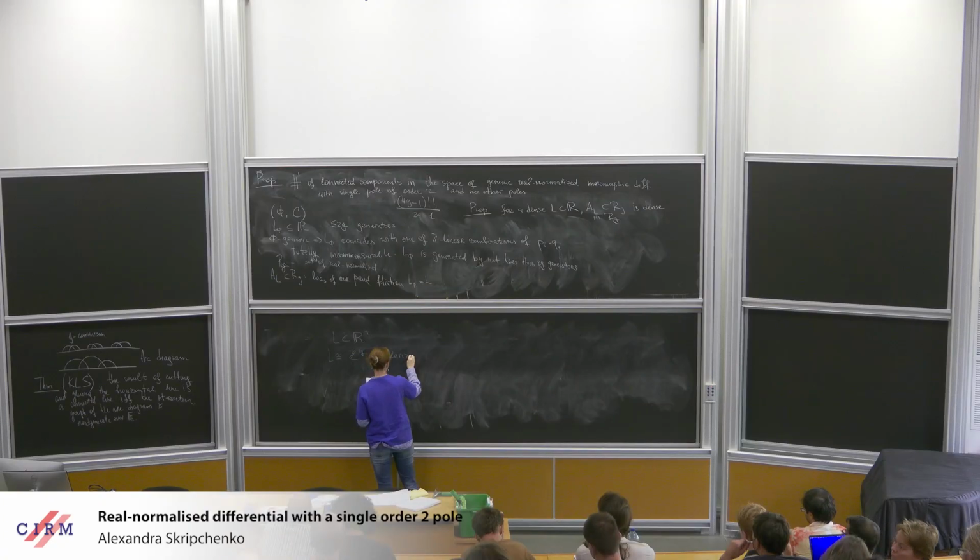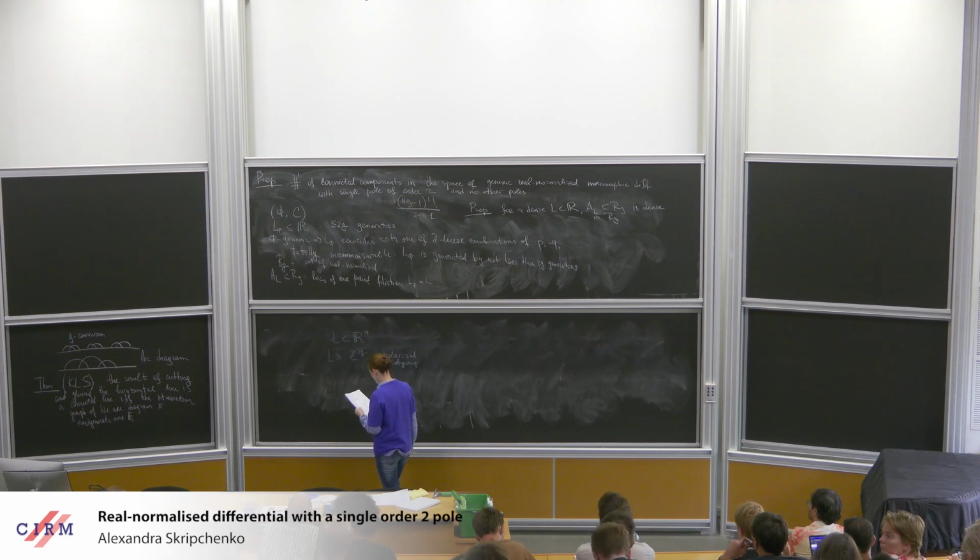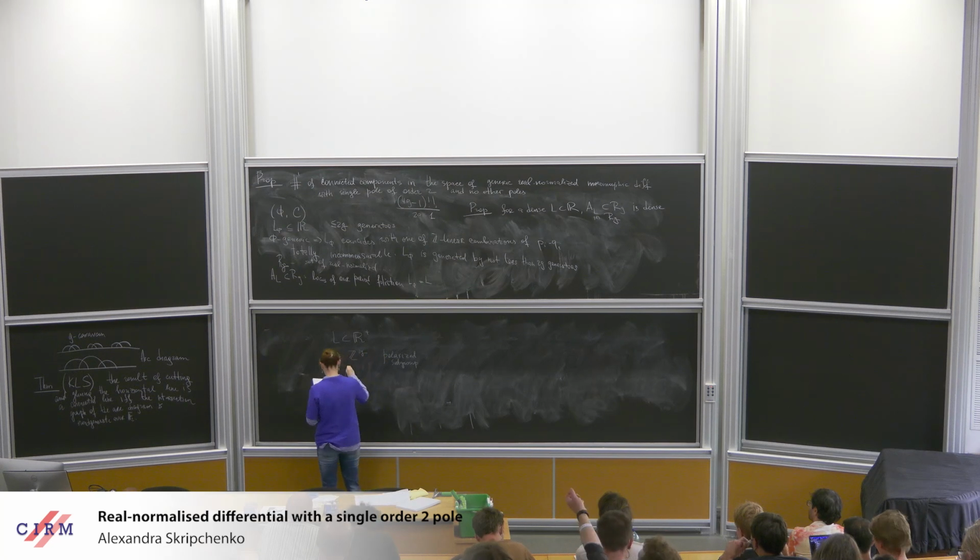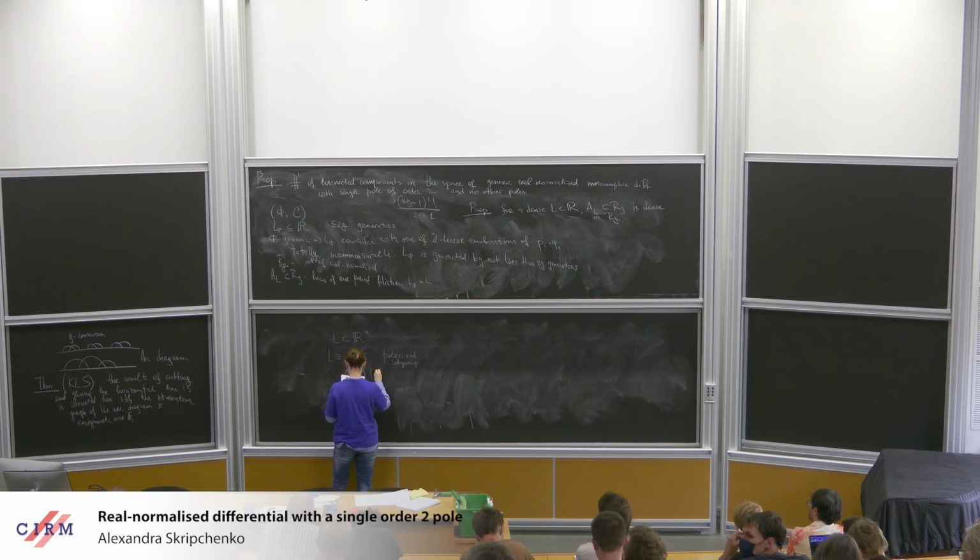And polarization comes from the existence of the symplectic form in homologies. So you have AL of, I don't know, of phi, which is a polarized group of periods.